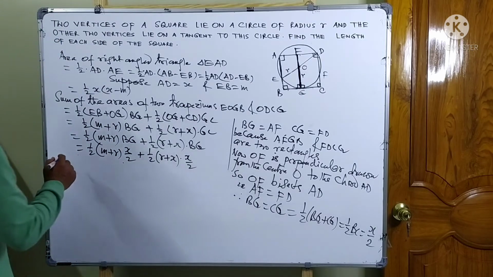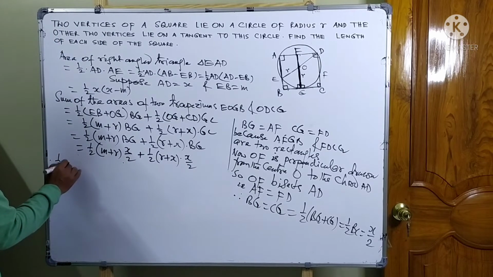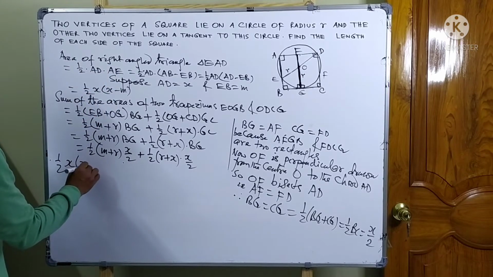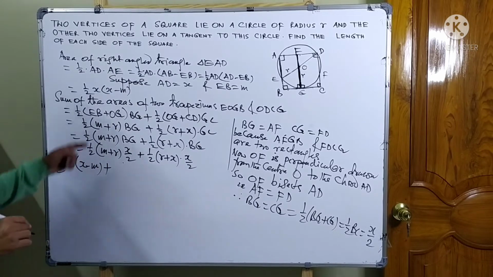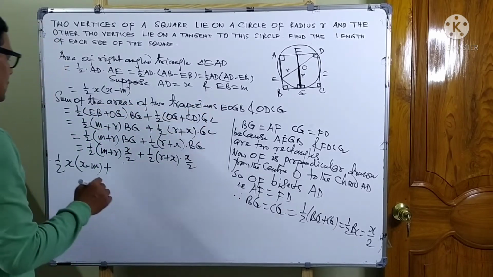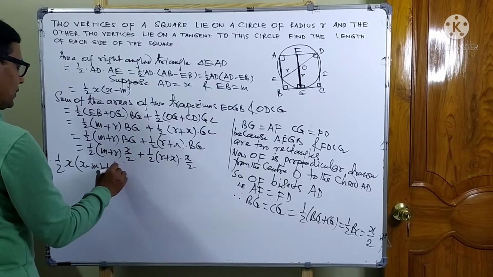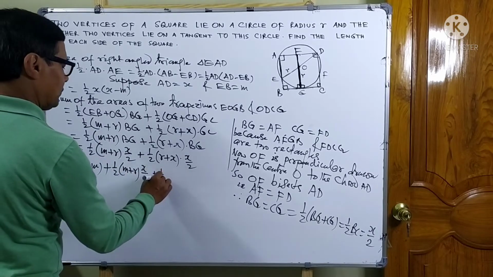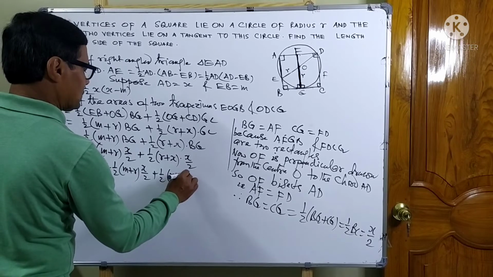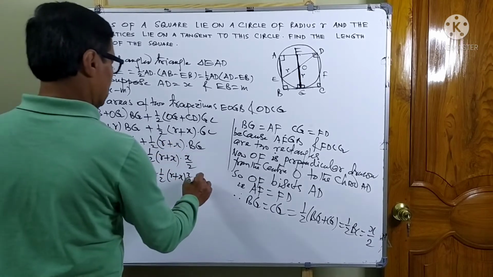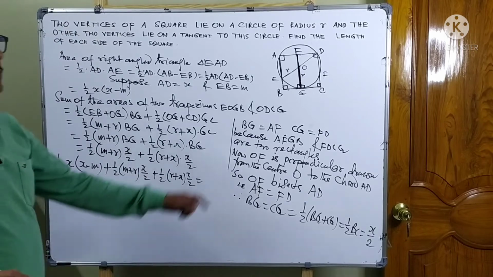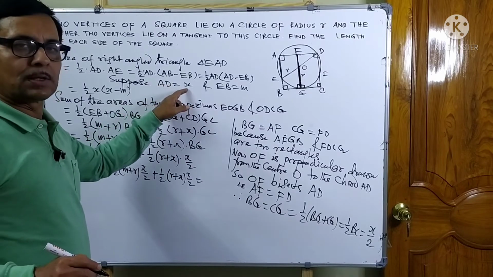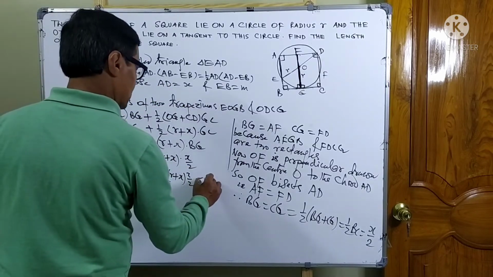So, half x, area of the right angle triangle is this, half x minus m, plus sum of the areas of these two trapeziums which is this, that is half m plus r x over 2 plus half r plus x over 2 is equal to the area of the entire square. Area of the entire square is x square because side length is considered as x.